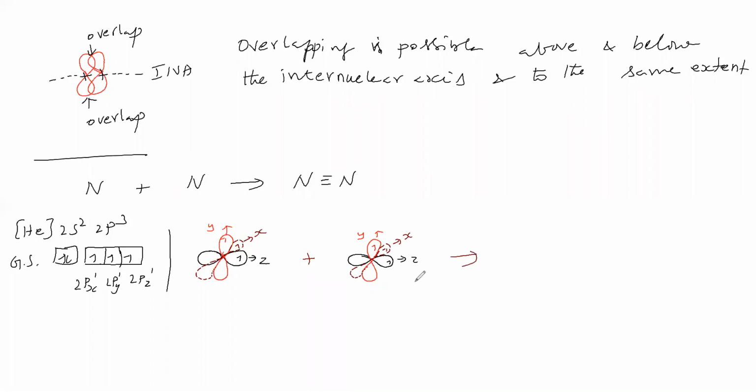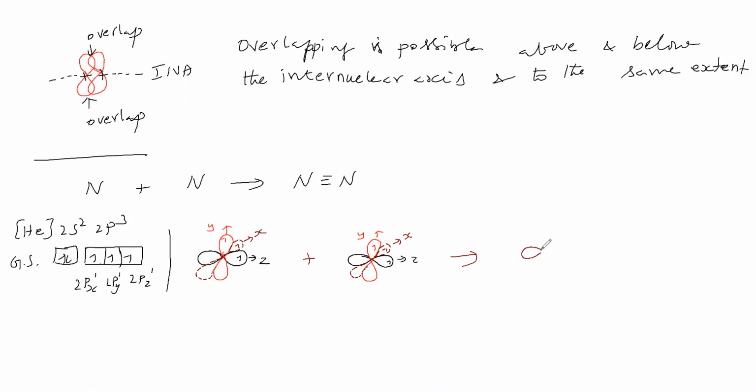They now undergo overlapping in order to form the molecule. This 2pz and this 2pz are along the internuclear axis. Therefore, they undergo axial overlapping, or end-on-end or head-on overlapping, to give a sigma bond.